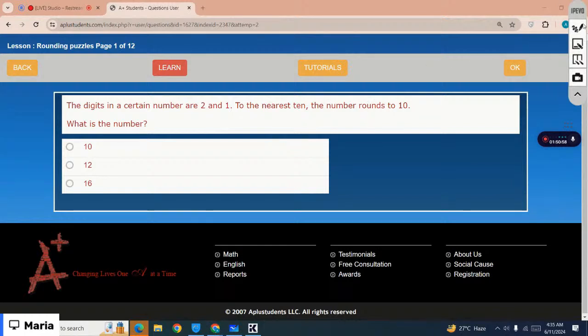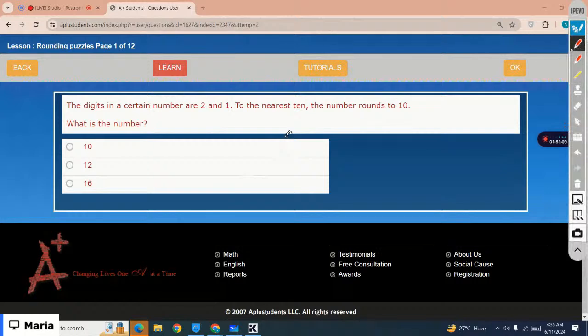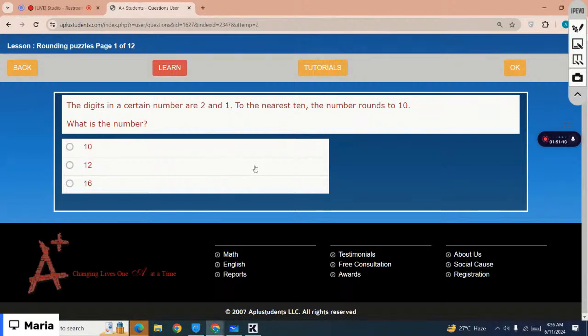To the nearest 10, they are rounded to 10. So you can write two ways, right? 2 and 1, they are either 21 or 12. So which number rounds to 10? Which is the correct option? Yes, 12 it is. Option number 2 is the correct option.